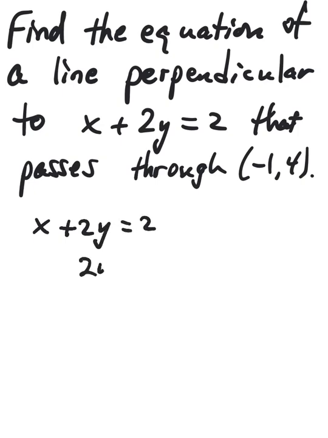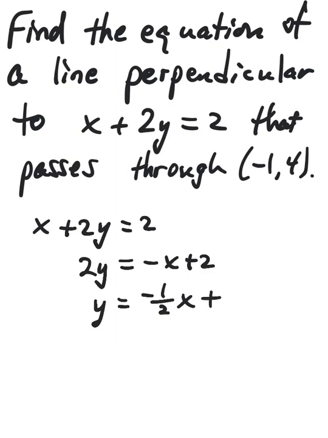Subtract an x from both sides. Divide everything by 2. One divided by 2 is 1/2. Don't forget the negative. And then 2 divided by 2 is 1.